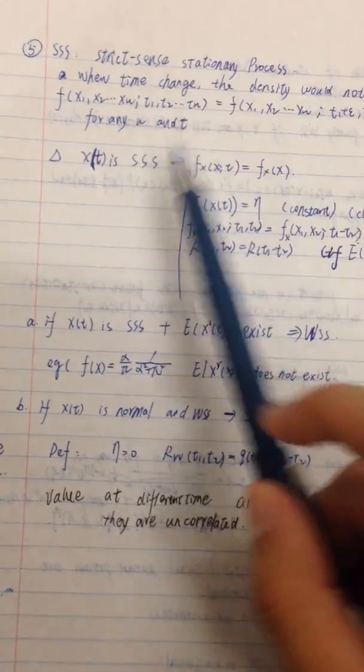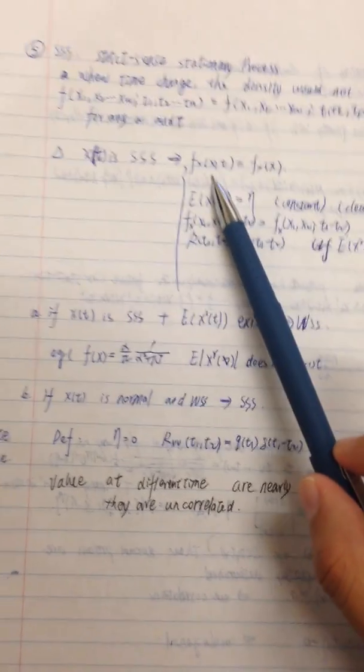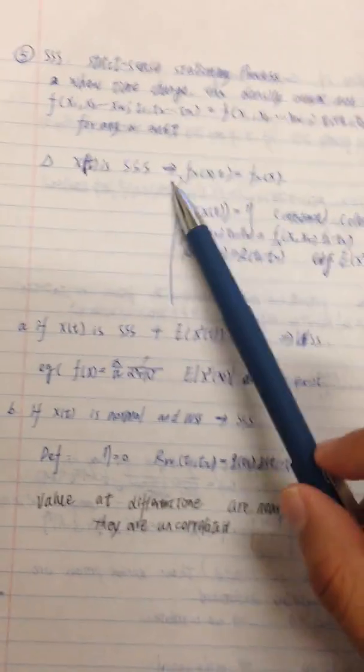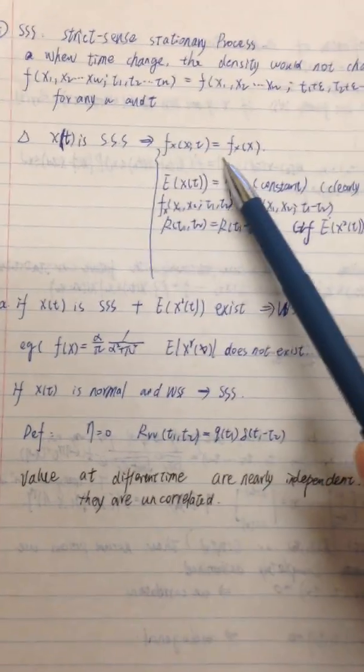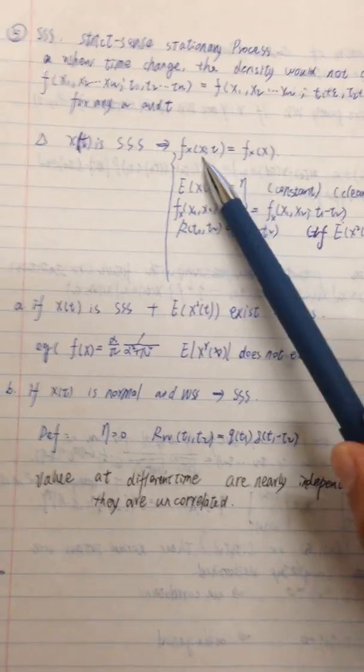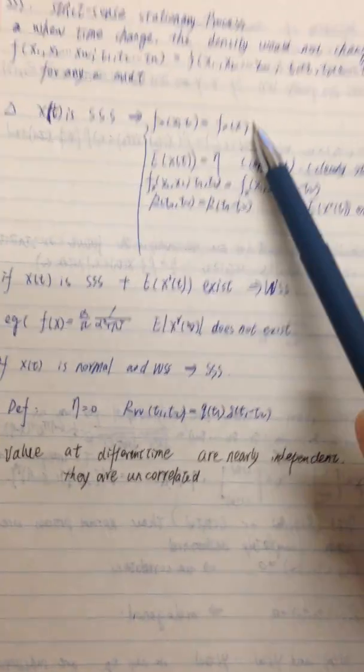If X(t) is SSS, it means that this density function should not be related to t, and we find it interesting that this is not a process anymore. It is just a random variable density function.